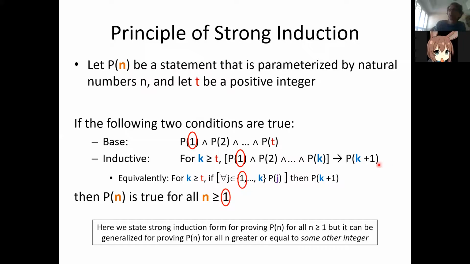Now, if you look at P prime of k plus 1, what does it say? It says that P holds for all indexes up to k plus 1. Since you're assuming that P holds for all indexes up to k, that part is immediate. The only part that's missing is whether it holds also about k plus 1. So when you're proving P prime of k plus 1, you're really proving P of k plus 1, because all of these were already part of your assumption.